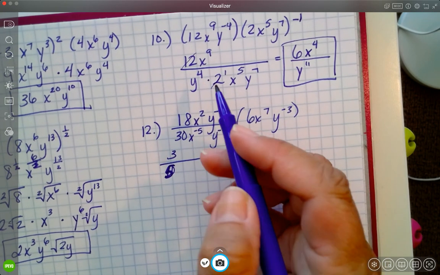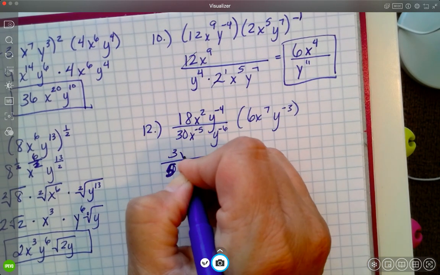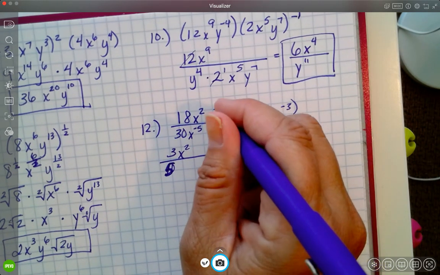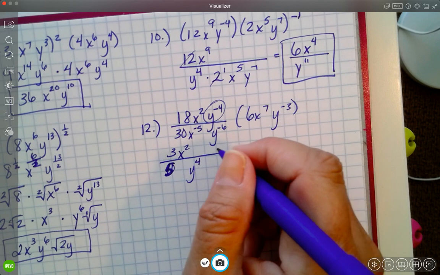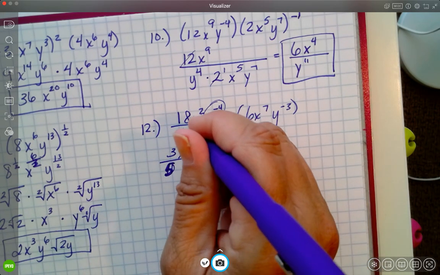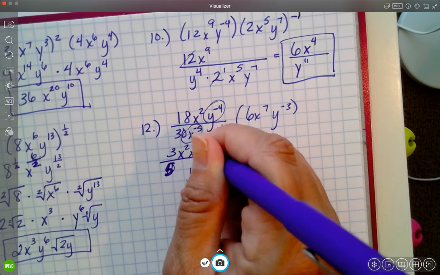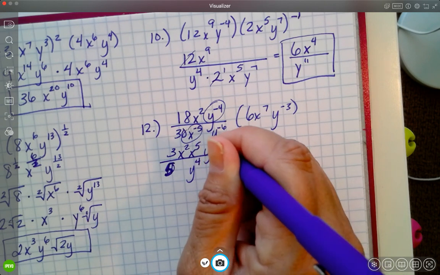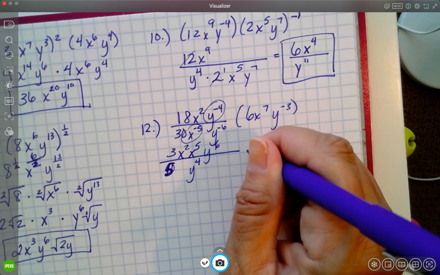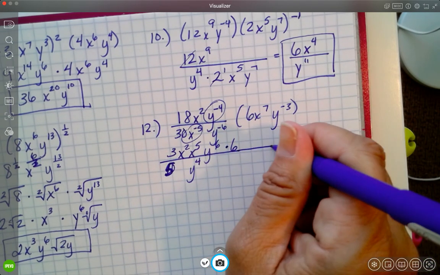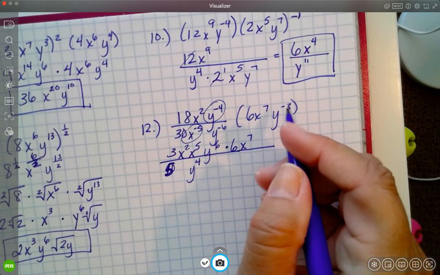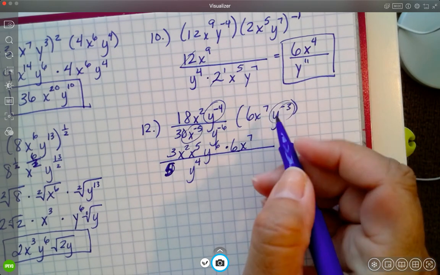Okay, this x squared stays on the top because it's positive. This y goes down to the bottom, y to the first. And then this x is going to go to the top to become positive. And this y is going to go to the top to become positive. And then I have the 6 over here, so that's in the top already. X to the 7, still in the top. This y is going to move to the bottom to become positive.